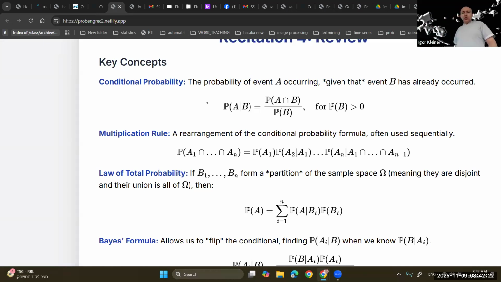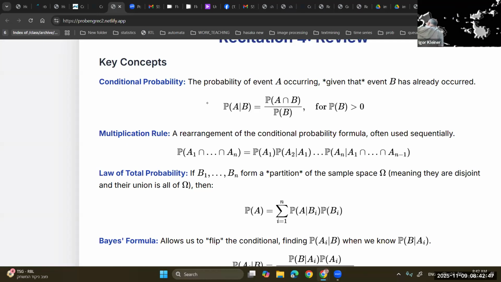Second rule, the multiplication rule, has another name, the chain rule. It's also a very important rule, not only in probability and statistics, but also in stochastic processes and other fields. It gives us a way to find the probability of the intersection of many events.